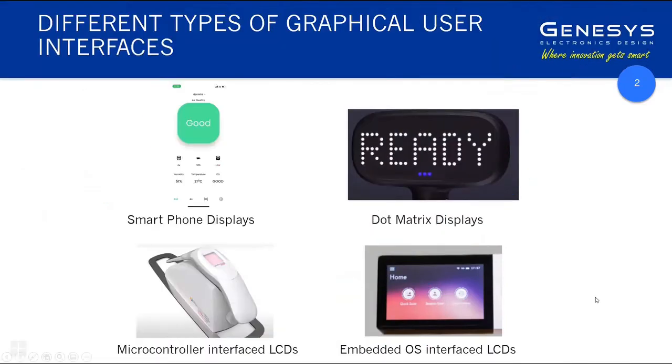So, just an example of some different types of graphical user interfaces. These are not all of them, but they're the main key ones. So smartphone displays, dot matrix displays, microcontroller interfaced LCDs, which would include things like touchscreens, by the way, so touchscreen LCD displays, and embedded OS interfaced LCDs.